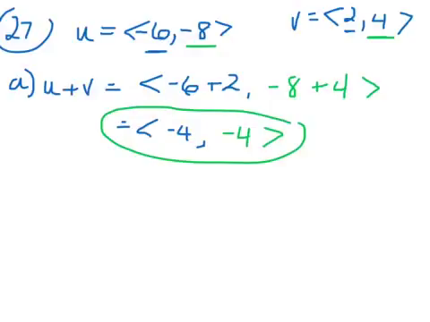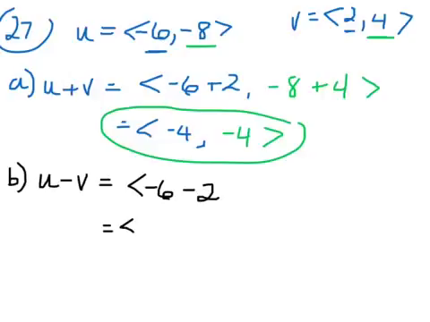I can do things like I can subtract the vectors. So for b, they want us to say u minus v. So I'm going to start with u, and make sure I get the right vector first. U is -6, the x part of it is -6, and I'm going to subtract the x part of the v vector, which is 2. Well, -6 minus 2 is -8, right? Okay.